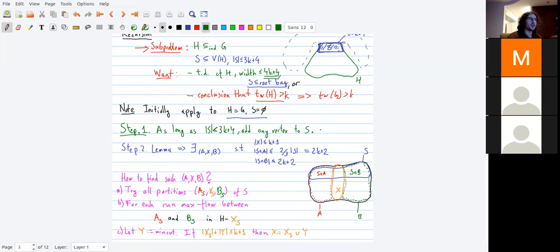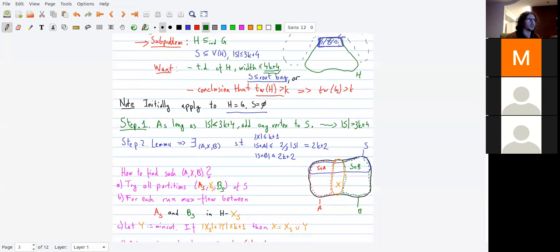So from now on, after executing this step exhaustively, I can assume that the set S is of size exactly 3k plus 4. Obviously, when there are no more vertices to add, we already have a part of the graph that has size at most 3k plus 4. I can make a trivial decomposition consisting of just one bag.